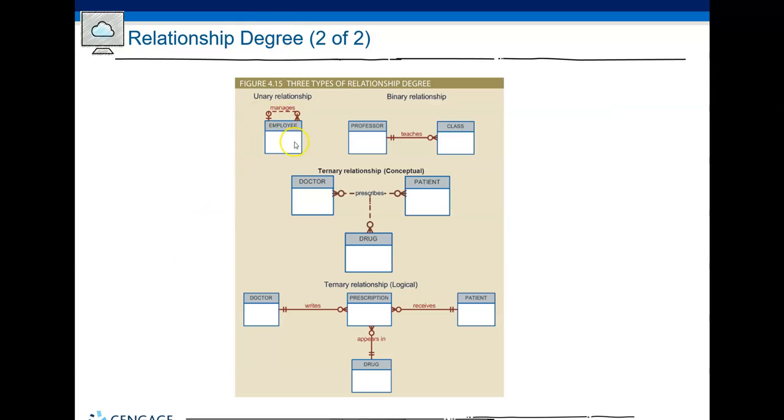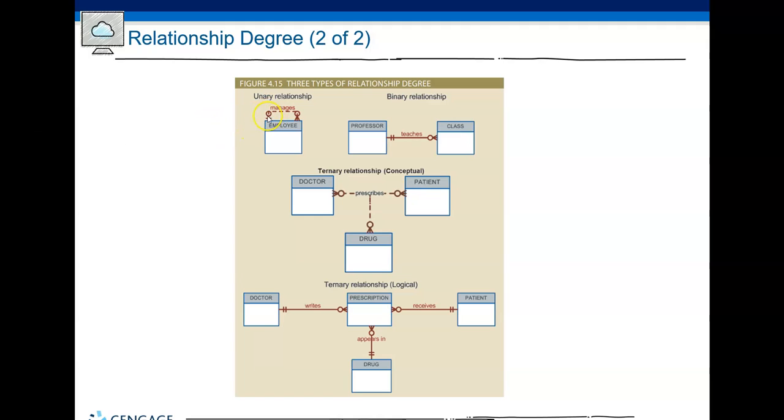So here's a unary relationship. It's the one I was saying. One employee manages 0 or more employees, and any particular employee is managed by 0 or 1 employee. So there might be employees who are not managed by other employees in this picture. And why? Because there's a 0 right here.